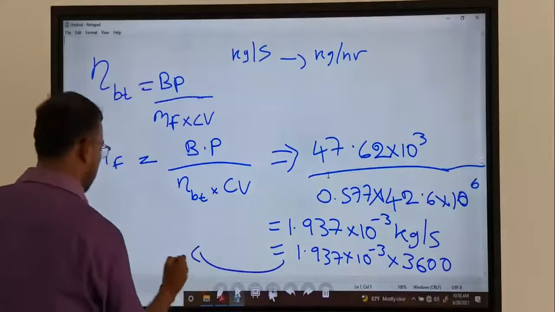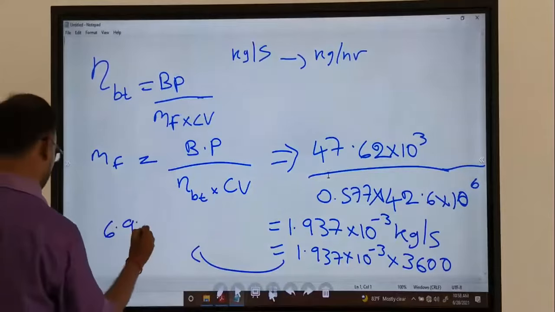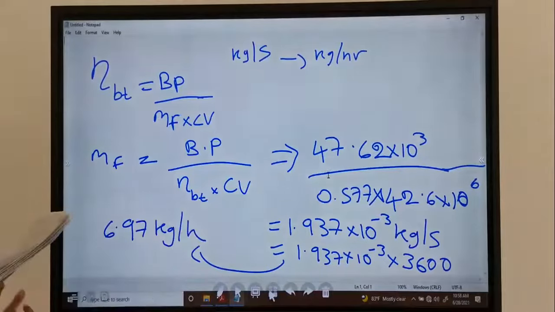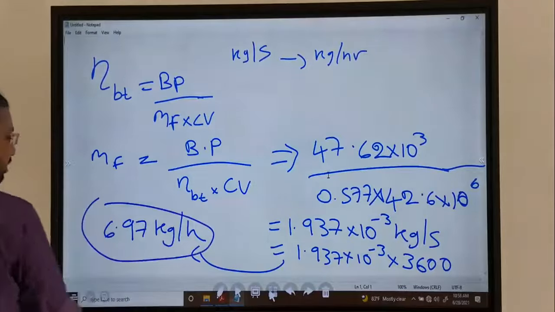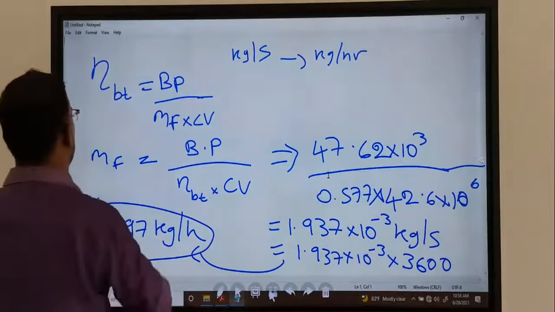So the answer will be 6.97 kilogram per hour. This is the answer for the mass of fuel consumed, in kilogram per hour.